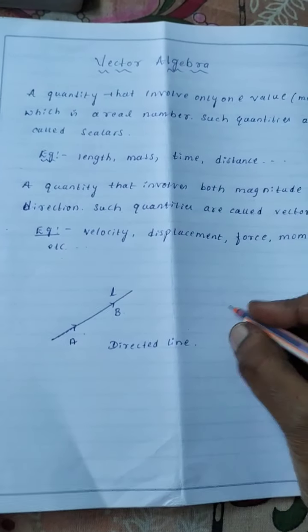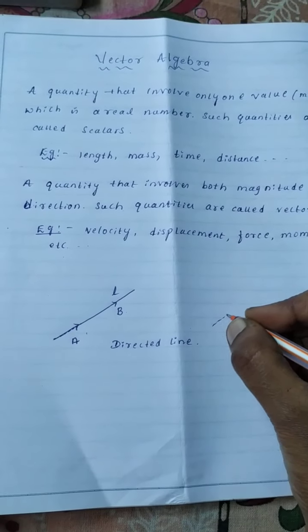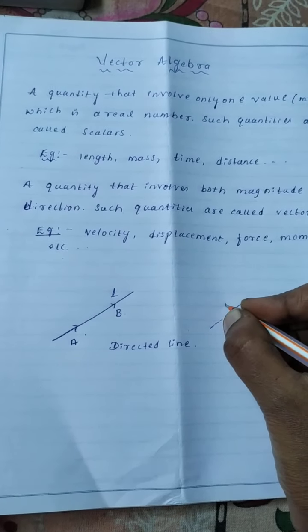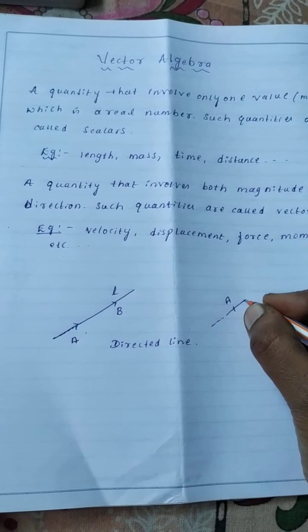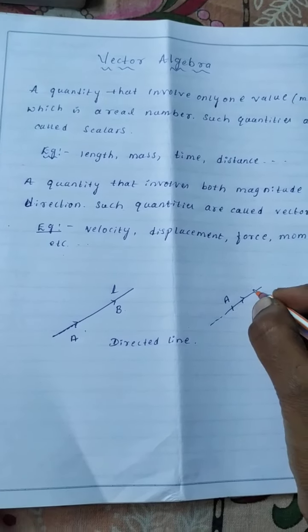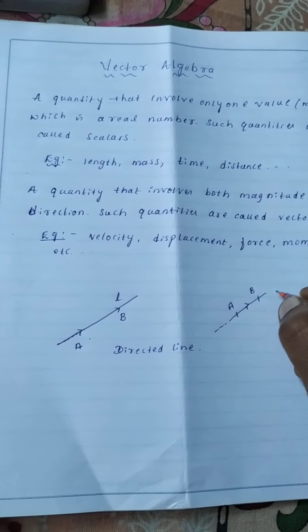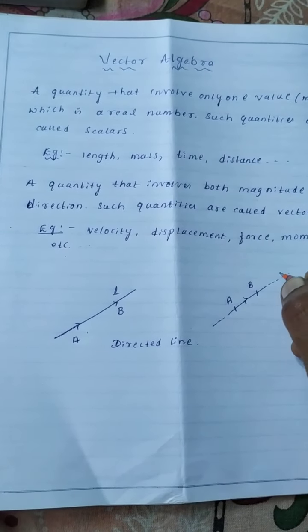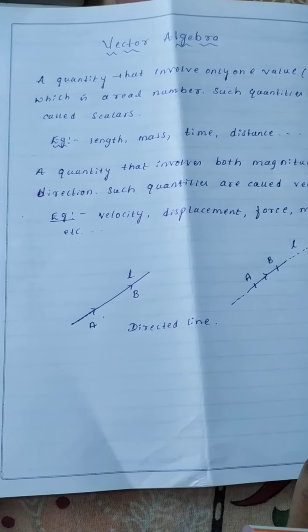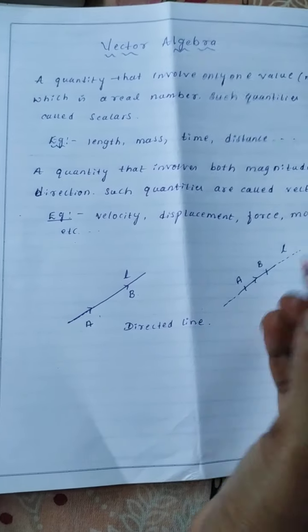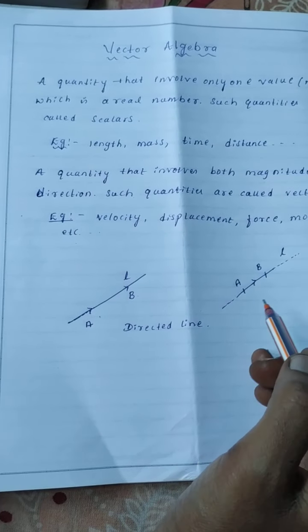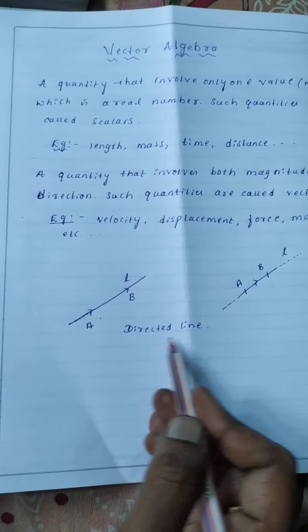You can observe this line. I'll take it with a dotted line and it will move, and somewhere here is a point A. Next it will move with an arrow head, and here I'll consider one more point, B. This is a line with one of two directions, so that we obtain a directed line.